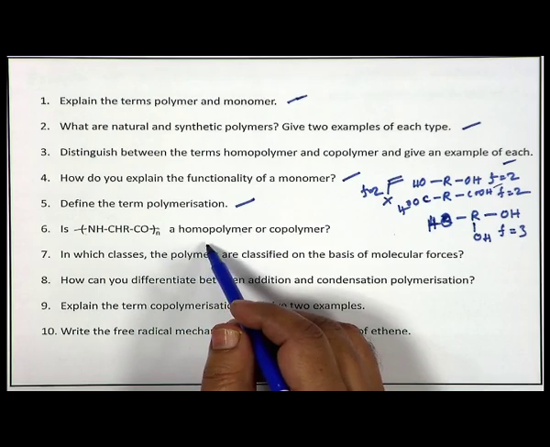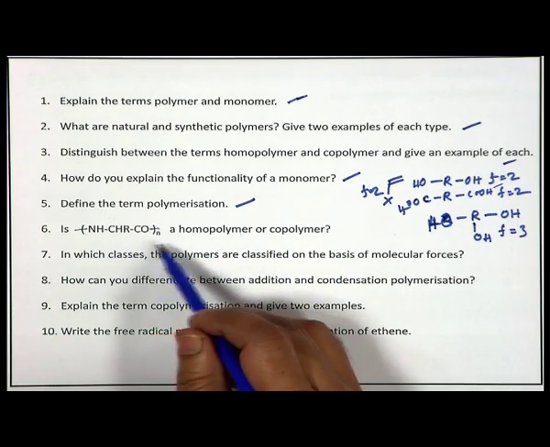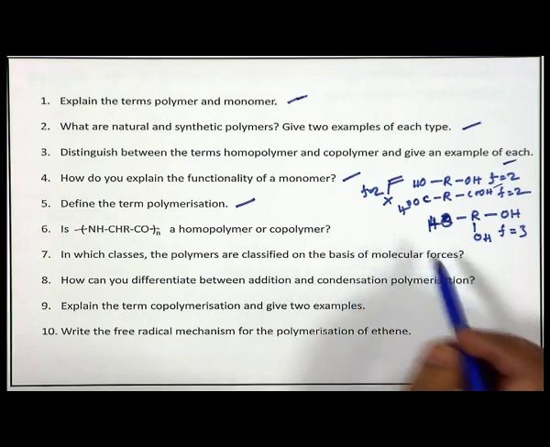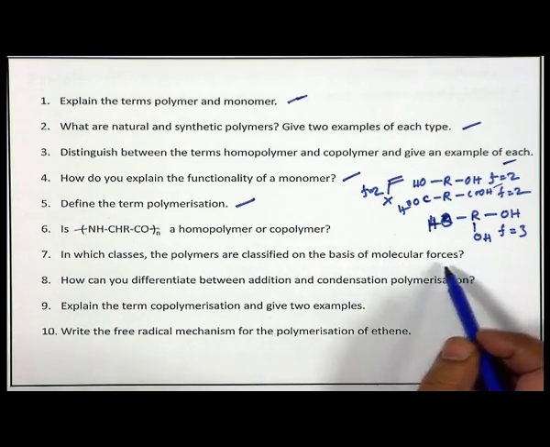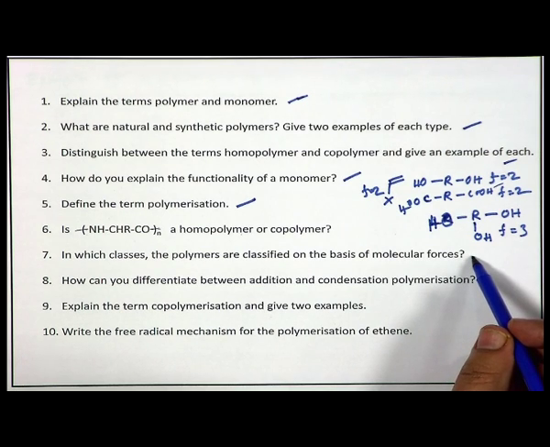The next question is: is this a homopolymer or copolymer? Of course, this is a homopolymer. It has been synthesized from one type of monomer. In which classes are polymers classified on the basis of molecular forces?